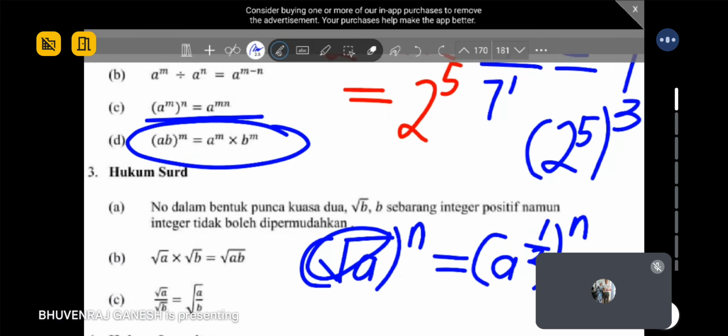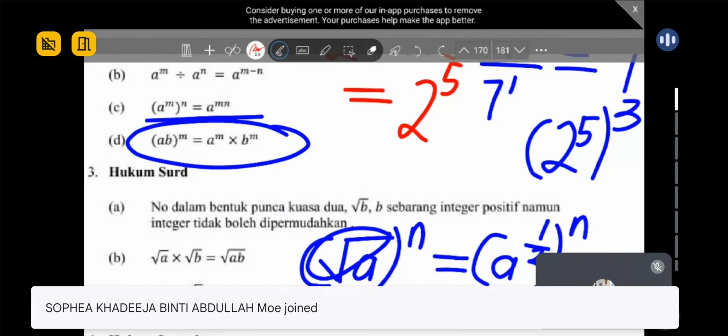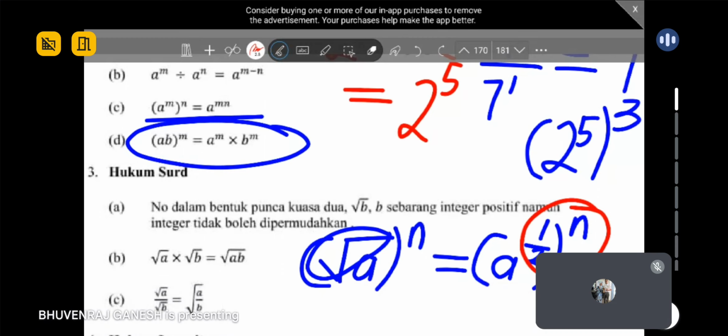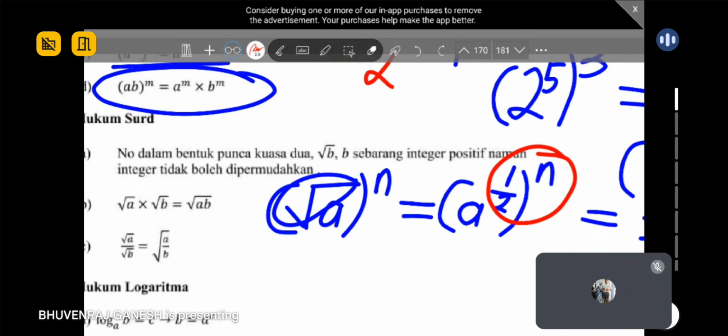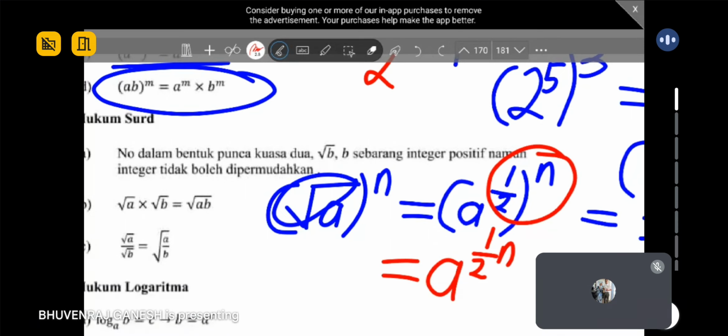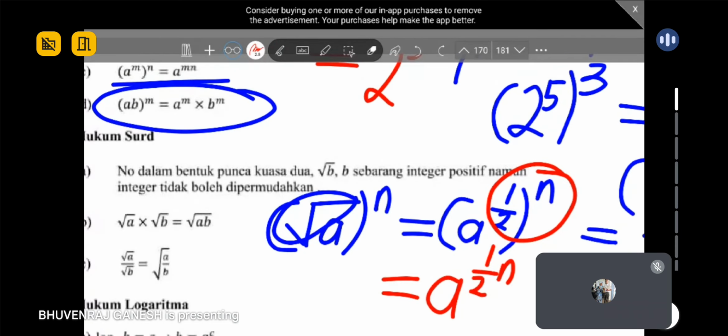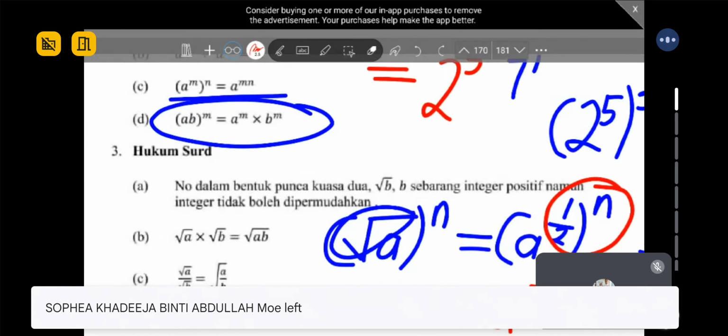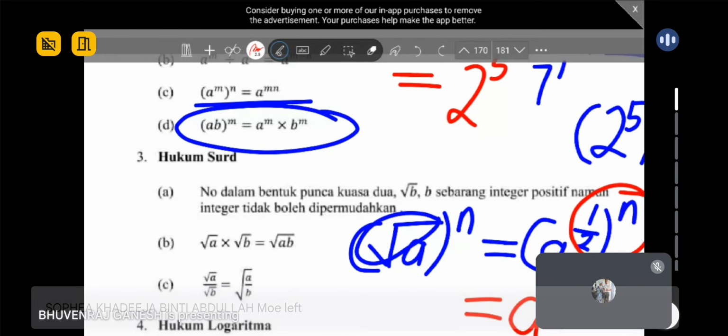But now, how you get the answer is by using your index rule: you multiply the powers. So that's why your answer is 1/2n. Can you understand, guys? This is where indices is related to surds. Alright? So this is one of the rules.